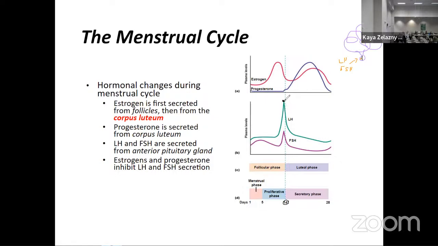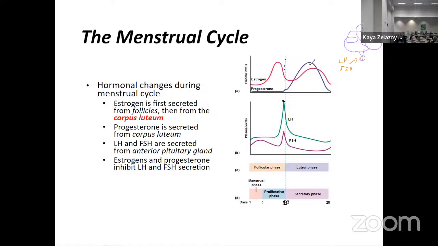The spike in LH directly precedes this switch from our follicular phase to our luteal phase. This huge increase in this hormone is what triggers ovulation, the bursting of that mature Graafian follicle and the release of the egg to get caught by the fimbriae, the fallopian tube, the uterine tube, etc.